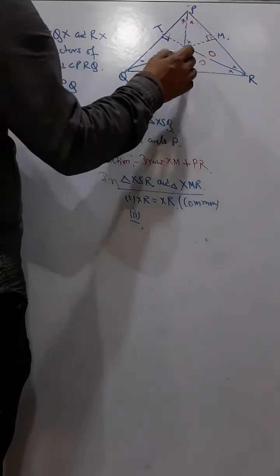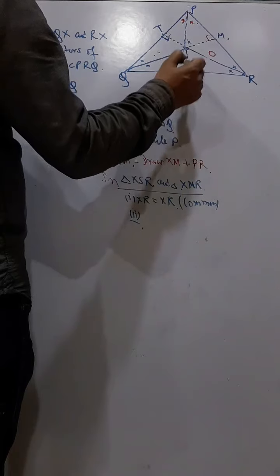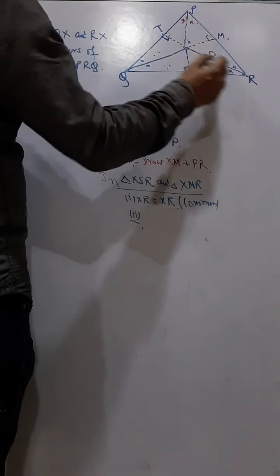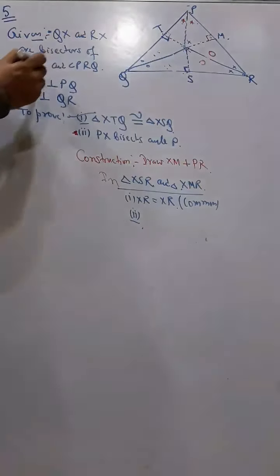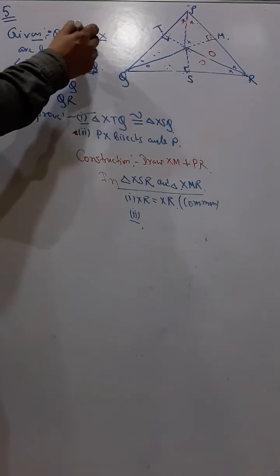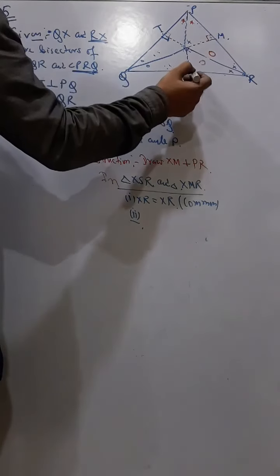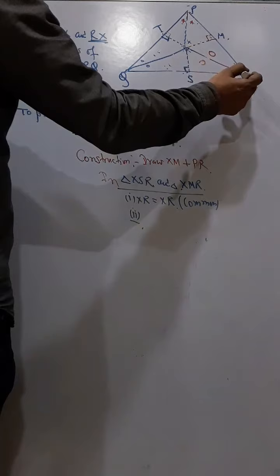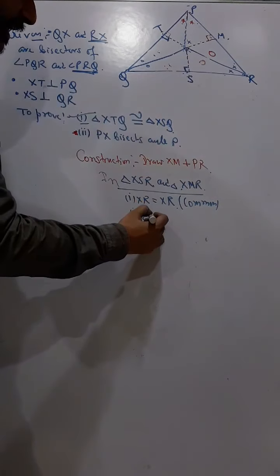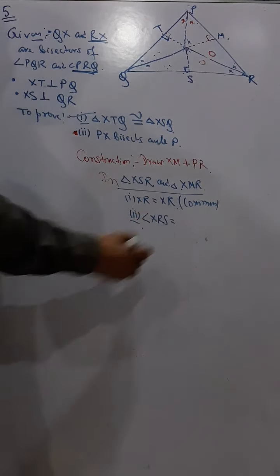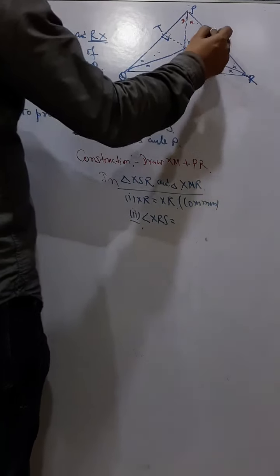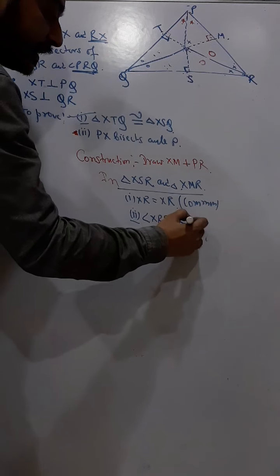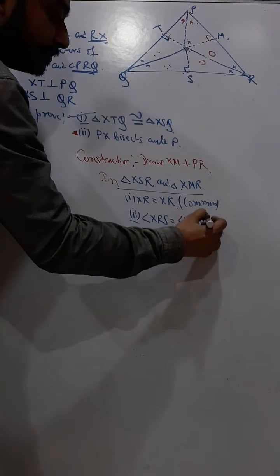The number 2, we can also say angle XRS equals angle XRM, because RX is also the bisector. It was given RX is the bisector of this angle. So I can say angle XRS is equal to angle XRM.